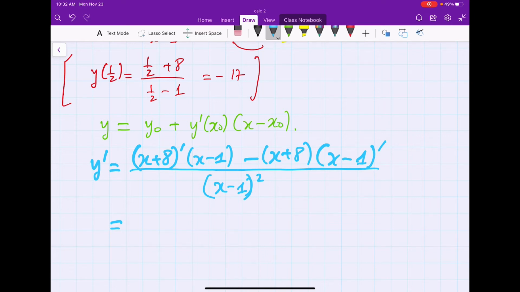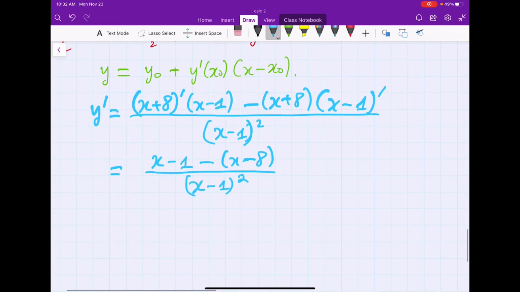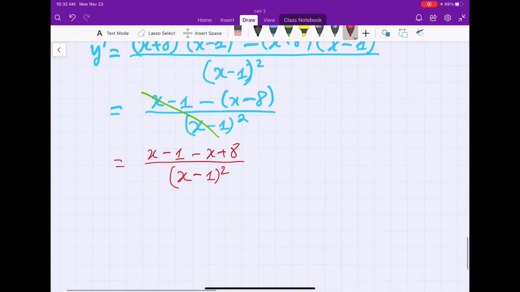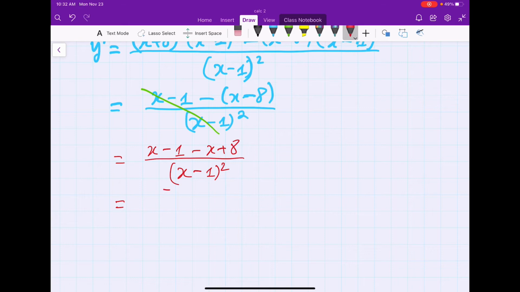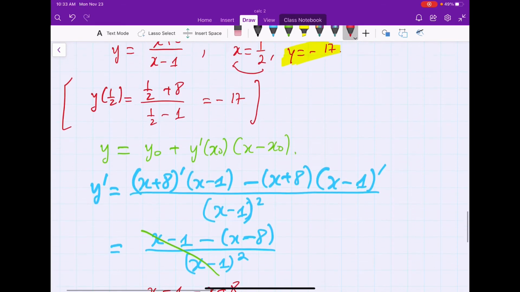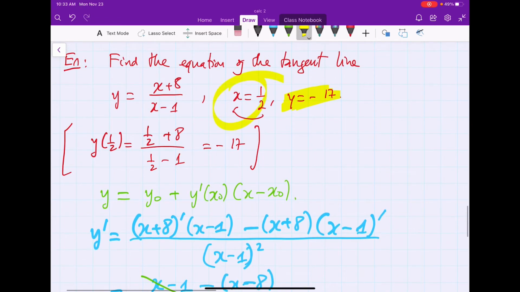The derivative of x plus 8 is 1, so I have x minus 1 minus (x plus 8); the derivative of x minus 1 is 1, but I always keep parentheses. Look at this, and please do not simplify this way because that is wrong. Let's simplify on the top. So you get x minus 1 minus x minus 8. Negative minus 8... so you get -9 over (x minus 1) squared. And now you plug 1/2 right here into the derivative to find the slope.